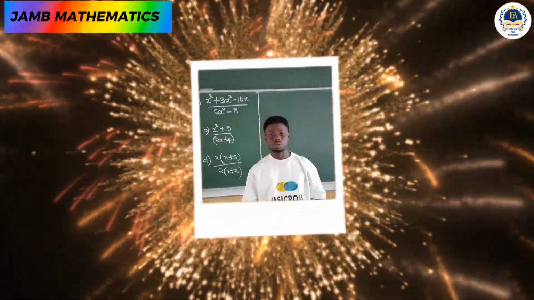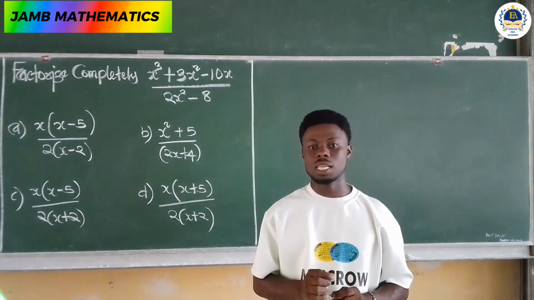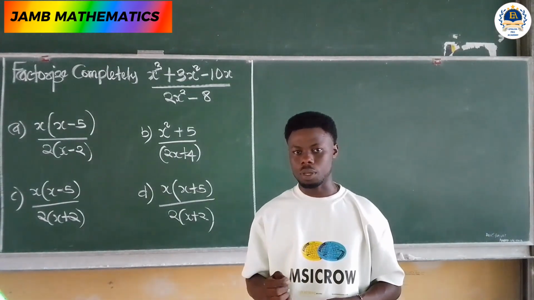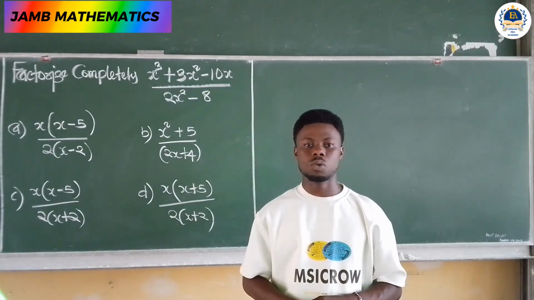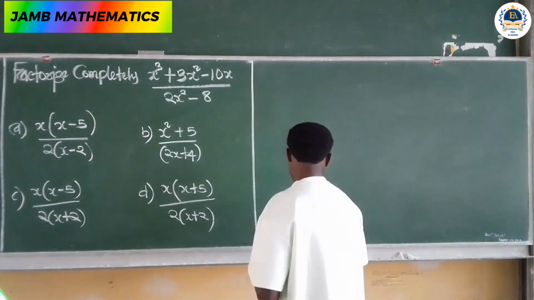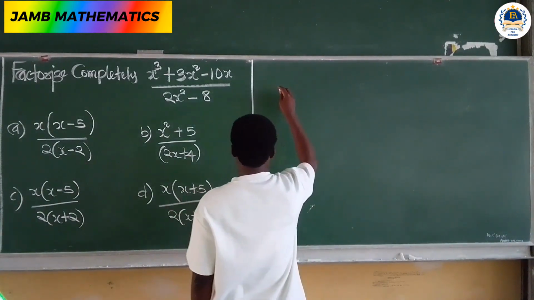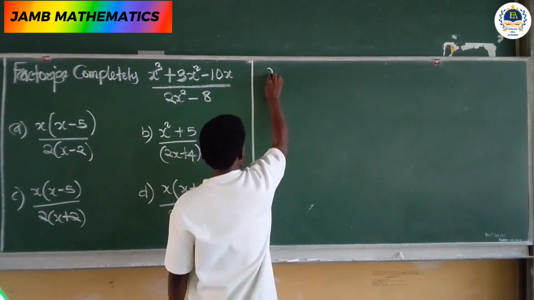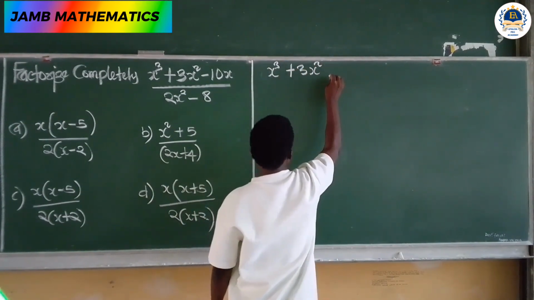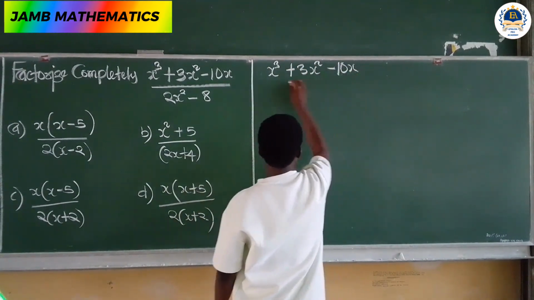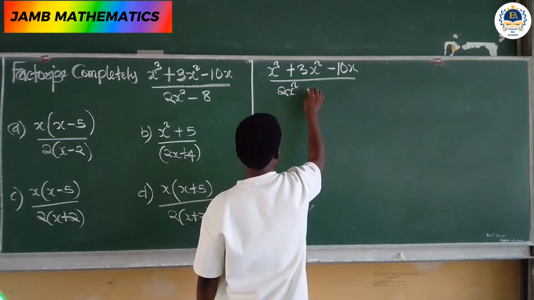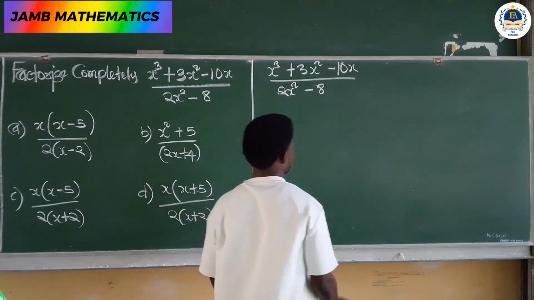Now, on the expression on the board, the numerator has the highest power of 3. So what we have to do is factor out what is common. Basically, in the numerator we have x as a common factor. Rewriting the expression, we have x cubed plus 3x squared minus 10x, all divided by 2x squared minus 8.